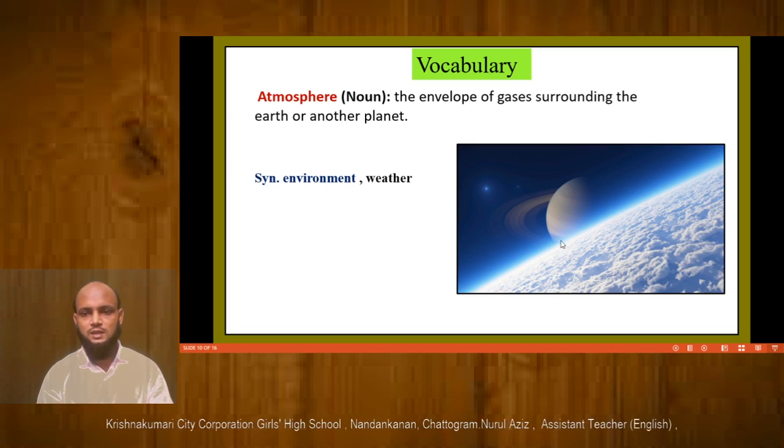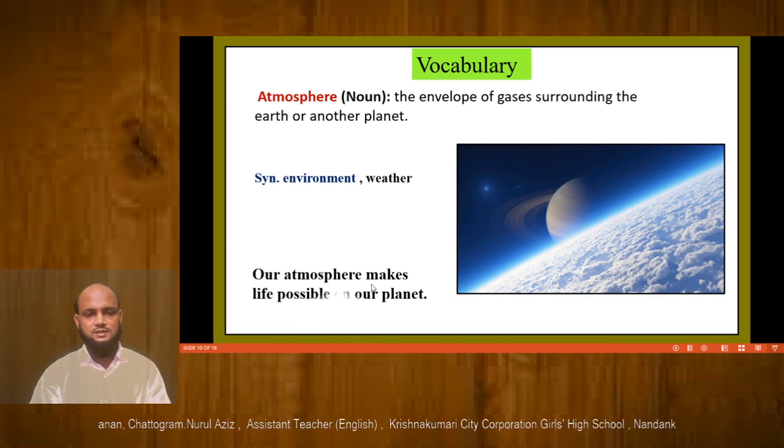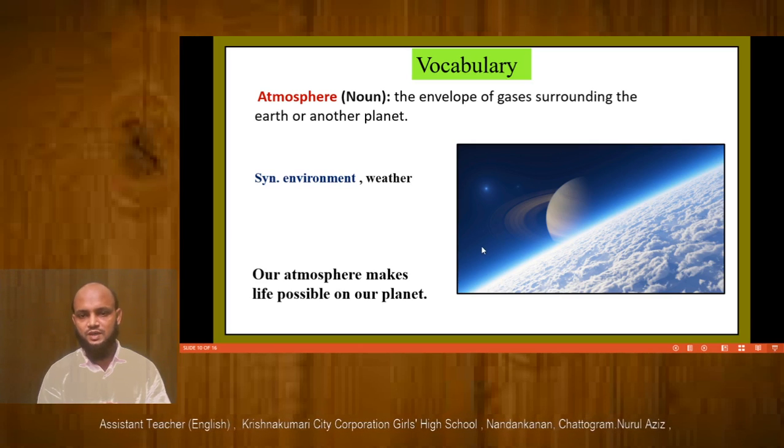You can write it as the envelope of gases surrounding the earth or another planet. This is synonymous with environment and weather. Now write down a sentence: our atmosphere makes life possible on our planet. Because of this atmosphere, our lives here on this earth are possible.